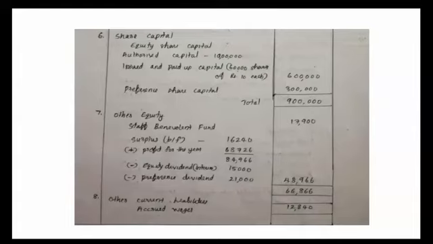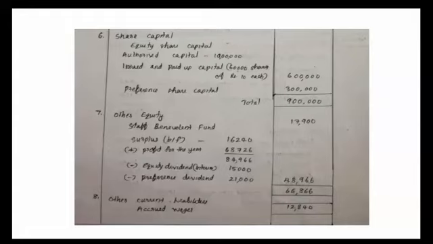Okay, and the total of surplus is 84,966. But here we have to provide preference dividends as well as the interim dividend already paid on equity shares to the equity shareholders. That is equity dividend 15,000 and preference dividend 21,000.